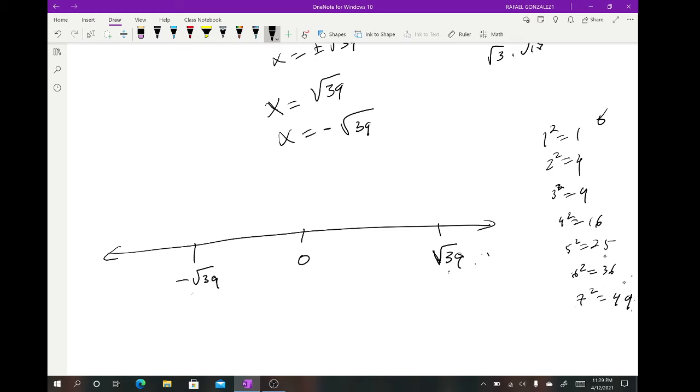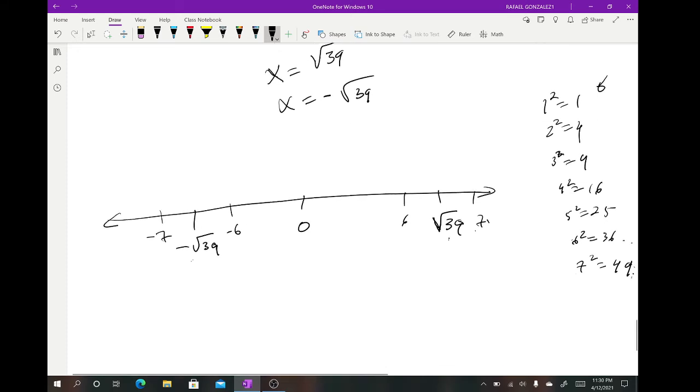Now, radical 39 is between radical 36 and radical 49, which means that radical 39 is definitely less than 7, but bigger than 6. Similarly, on the other side, negative radical 39 is less than negative 6, but bigger than negative 7. So now I can clearly see some test points. So what will be my test points?